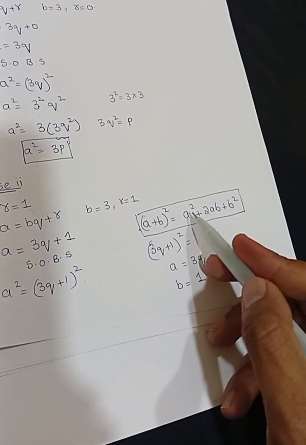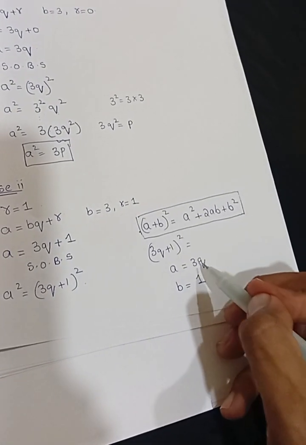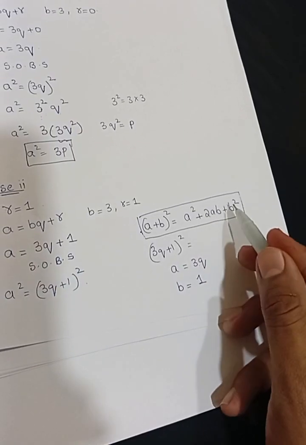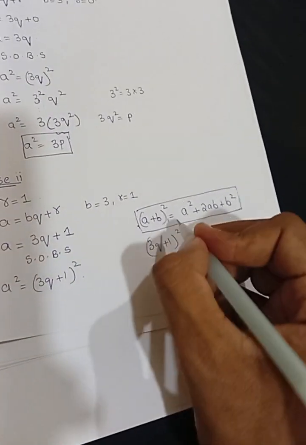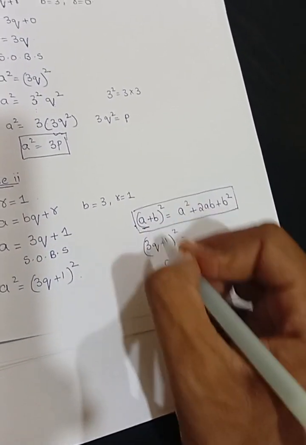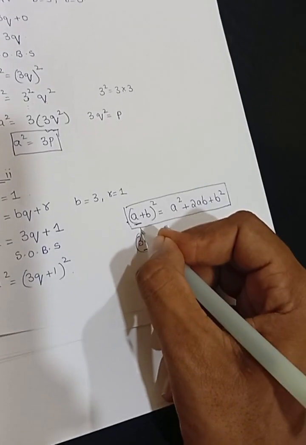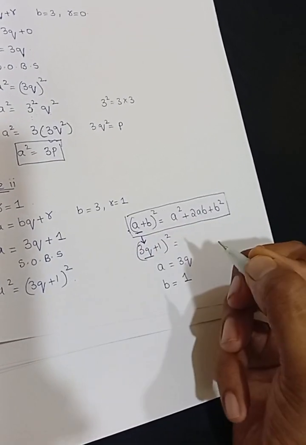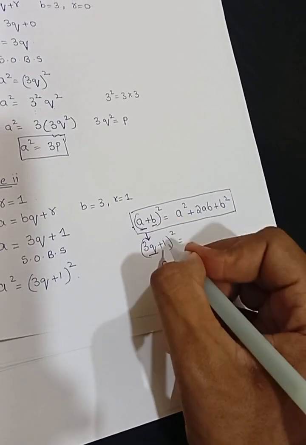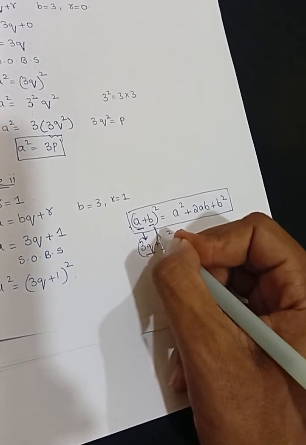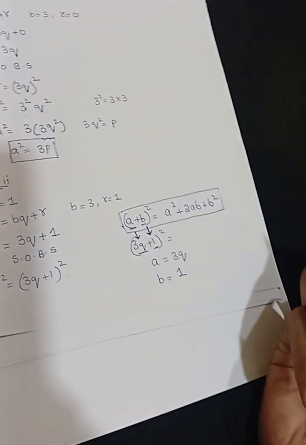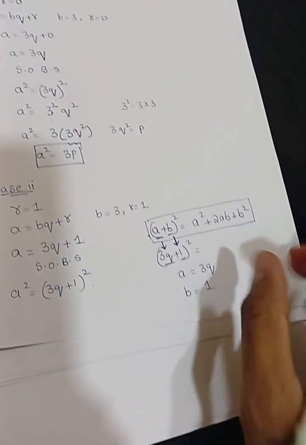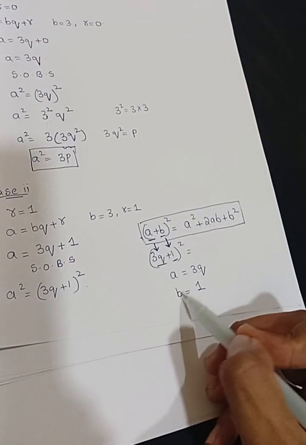So now I will substitute in the place of a, 3q, in the place of b, 1. So see, here you are having a, here you are having 3q. This means your a value is 3q. Here you are having b, here you are having 1. So this means your b value is equal to 1. So now when you are substituting a equal to 3q and b equal to 1 in this formula, what will you get?